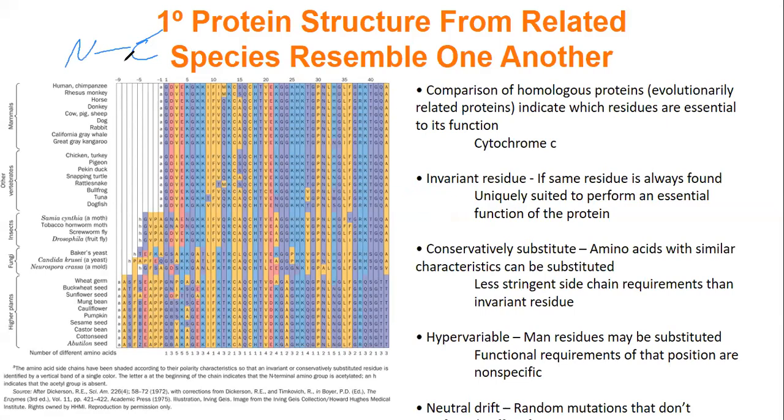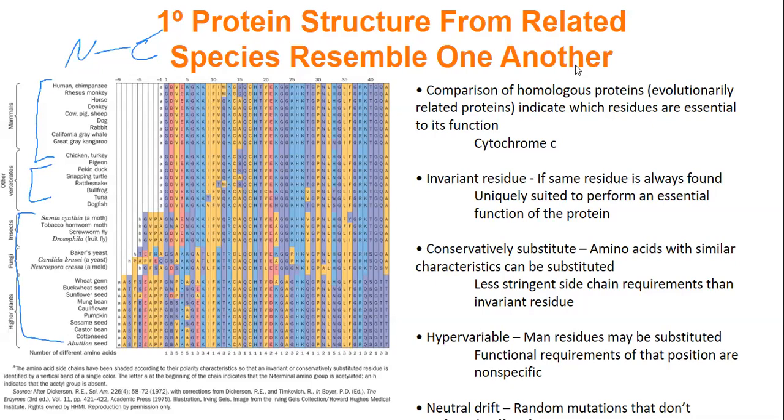And what's cool when you have this information is that you can compare the same proteins from tens to hundreds of species, and you can see how over time that protein has evolved. And by knowing how a protein has evolved, you can begin to determine which amino acids are important for function.